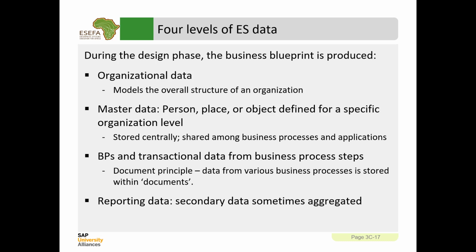For instance, we all know that if a purchase is made, there must be something like a purchase order, as a document that shows that this particular goods was ordered. Or if a payment is made, there must be something like a receipt, showing evidence of payment. So these are the specific data or documents that you provide, and it's called the document principle.